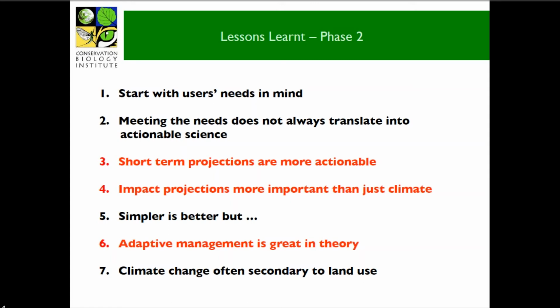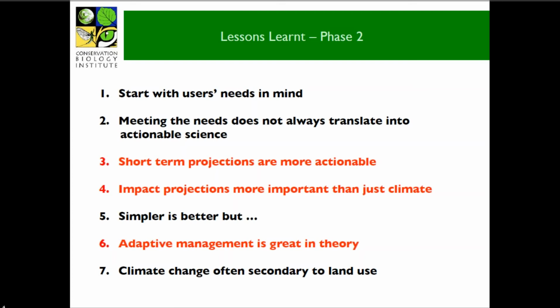Impacts projections were more important than just climate very often. It's like, yes, climate could do this, but what does it mean on the ground? And then, of course, the tools have to be simple, but they need to have enough information so that people understand where the information comes from. And then the remark that adaptive management is great in theory, but to apply it, what does it mean on the ground? And what can they do?